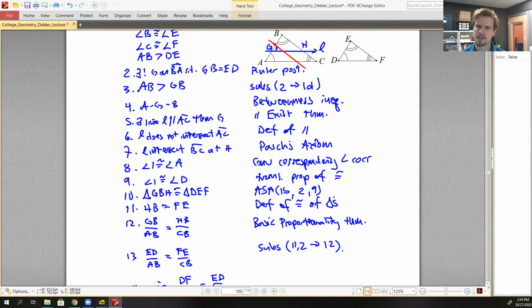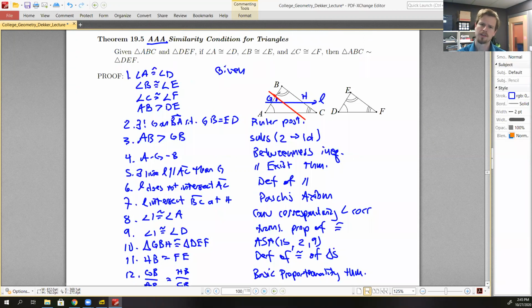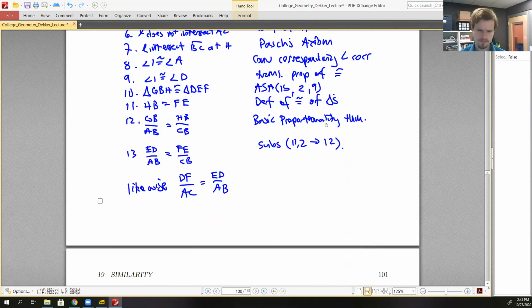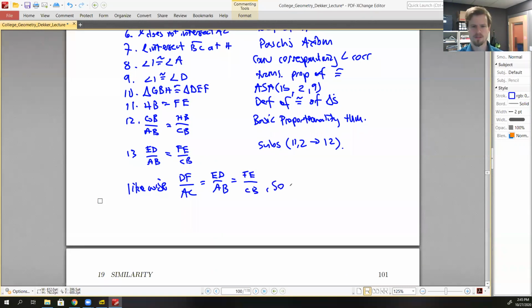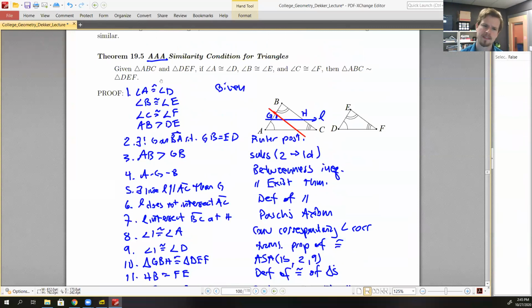And that would be using the red line here. We already showed that ED over AB is equal to FE over CB. So we have the required conditions for similarity.